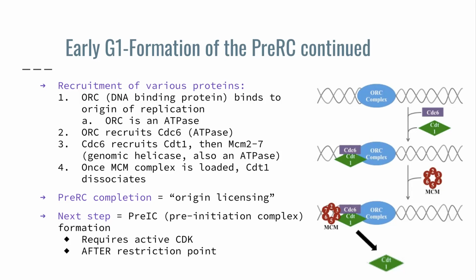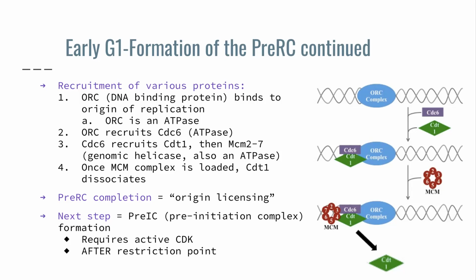And then once this is loaded, the CDT1 can dissociate. The helicase, MCM, will be the protein that peels apart the DNA during replication. So once that pre-RC is present, that's known as origin licensing, and that takes place before the restriction point.